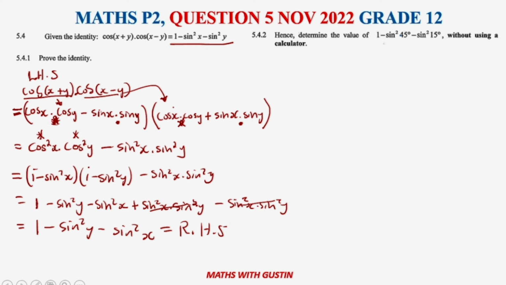Okay, great stuff. Now let's come here. For 5.4.2, they are saying our identity is given by that. So they are saying 1 minus sine squared 45 minus sine squared 15. Okay, now let's say we should simplify this here.